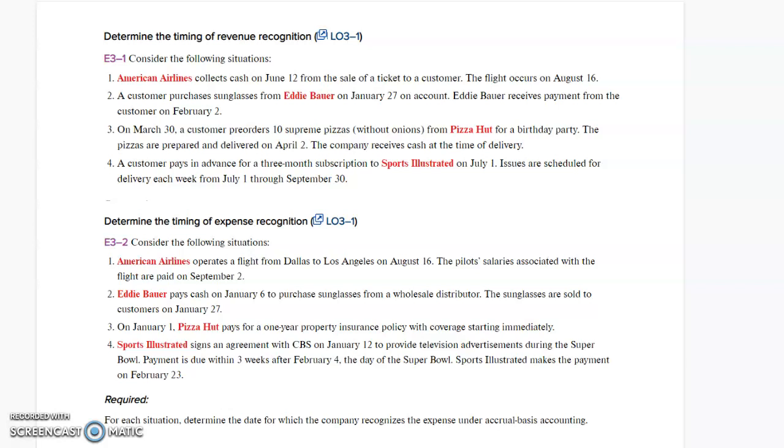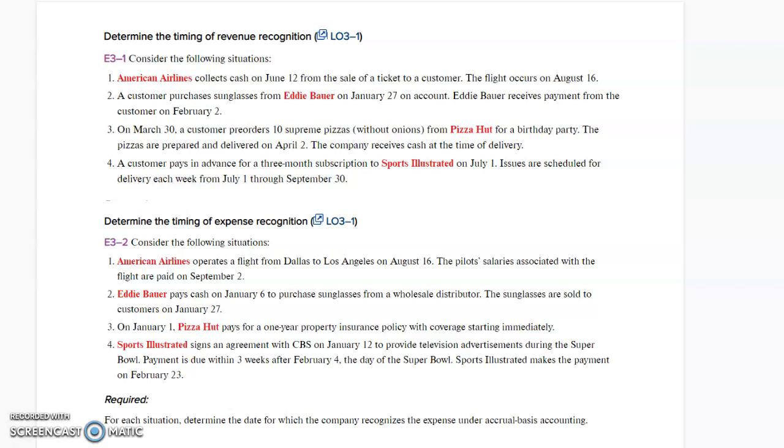Number 2, on March 30th, customer pre-orders 20 Supreme pizzas without onions. Why that's important, I don't know, from Pizza Hut for a birthday party. The pizzas are prepared and delivered on April 2nd. Company receives cash at the time of delivery. Here we have a little different scenario.